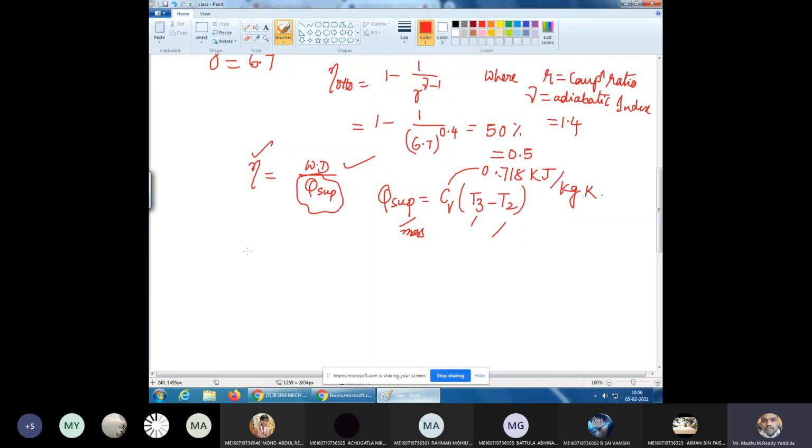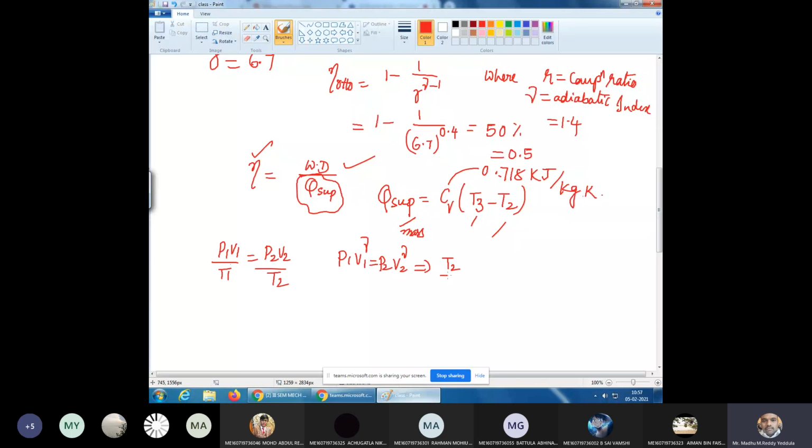So how to calculate the T2 value? For that, you should know the relation between temperature and volume. By using two equations, the equation of state and isentropic compression, which we have already solved many times. This is one equation, and the second is P1 V1 power gamma equals P2 V2 power gamma.